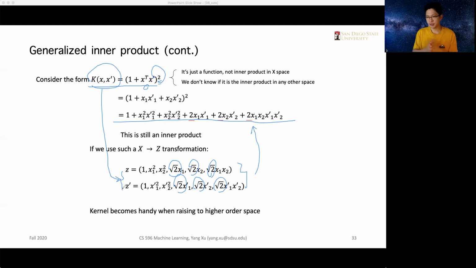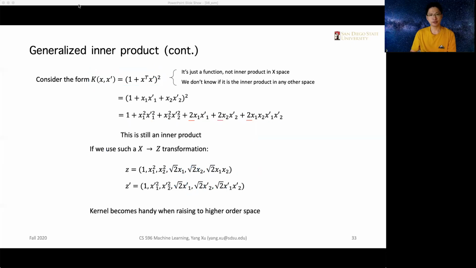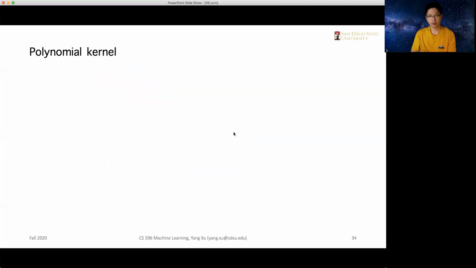It's not necessarily limited to this. The kernel function can have higher order polynomial terms or even exponential terms. We'll show later about the higher order polynomial terms. That's what we call a polynomial kernel.